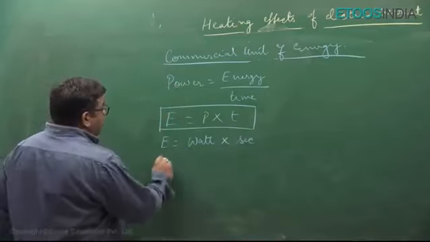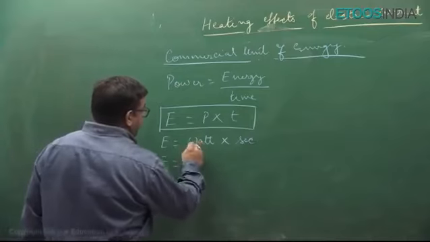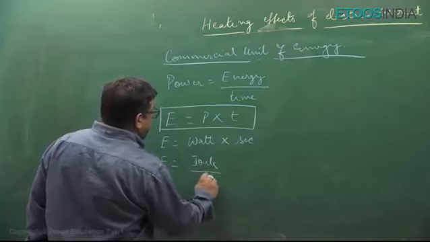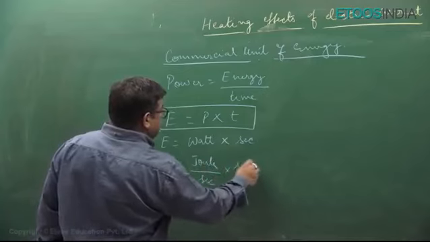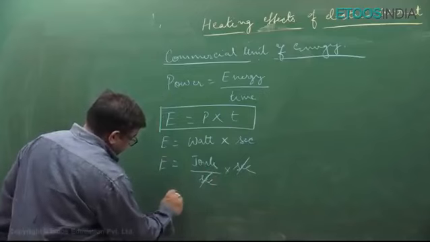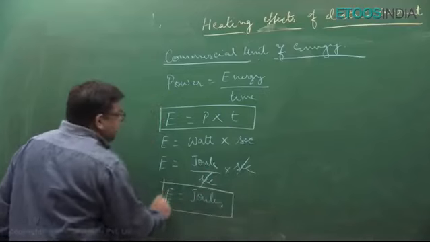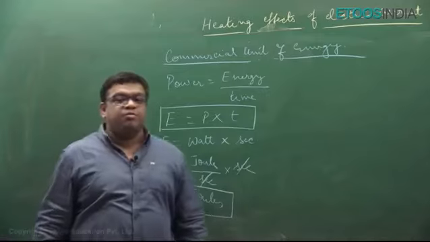Okay. Or instead of power, I can write joules per second. So energy unit is joules, which is the actual unit of energy. So it has been proven here only.